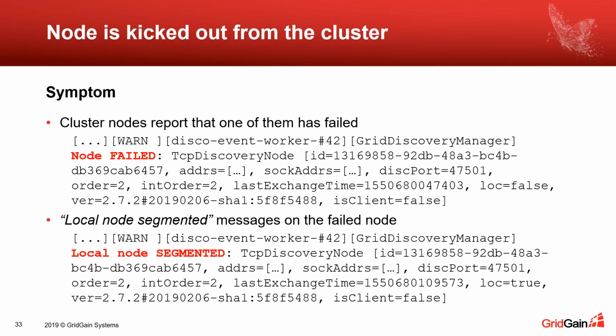And the final issue in this group of issues with cluster networking is nodes being kicked out from the cluster after working normally. How does it look? Your cluster nodes, the other ones, will report in their logs a message "node failed", showing the IP address and ID of the failed node, and the failed node itself will say "local node segmented".